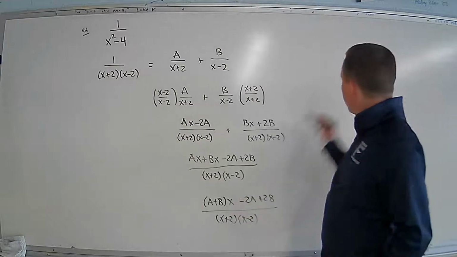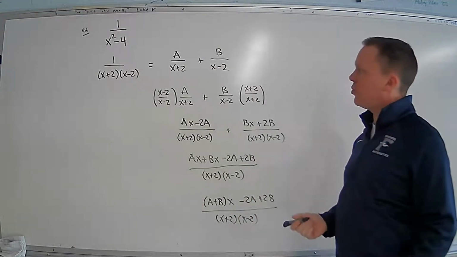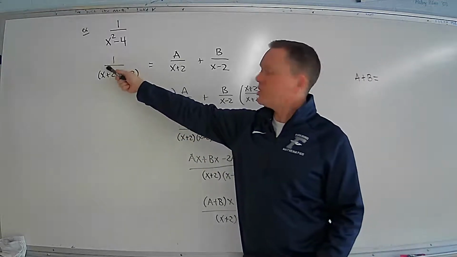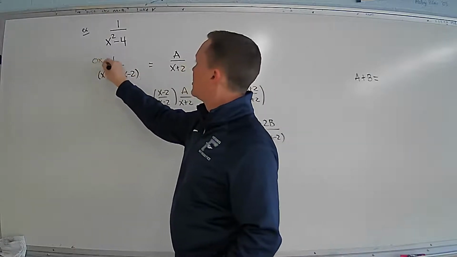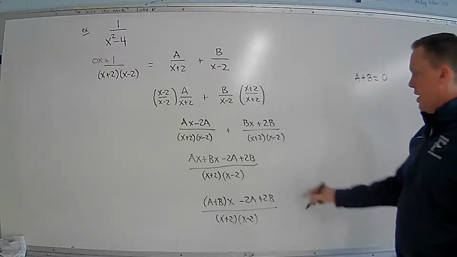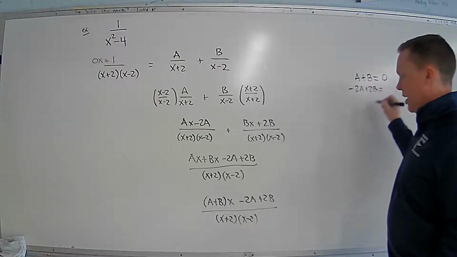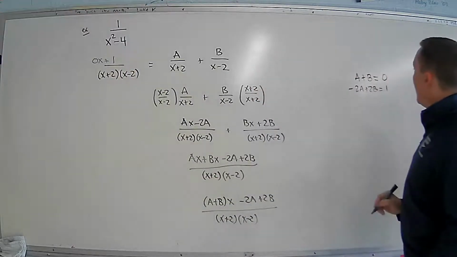Well, a plus b has to equal what? If I go back here, what's the coefficient on x? It's 0. So a plus b has to equal 0. And then negative 2a plus 2b has to equal that constant, 1.